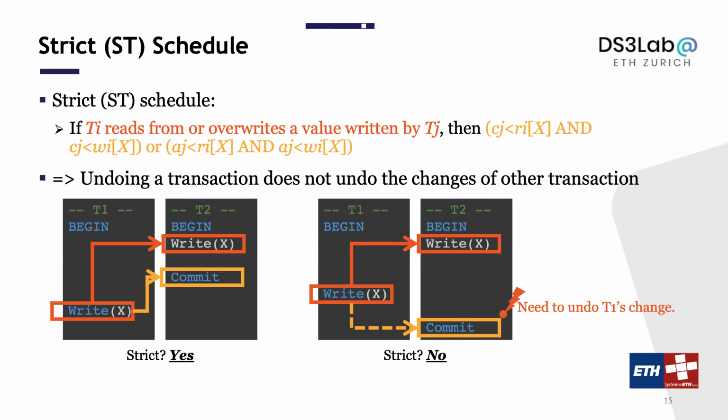Here, I also need to undo the write operation in T1 when I try to undo all the changes from T2. If you have a strict schedule, that is not something you need to worry about.